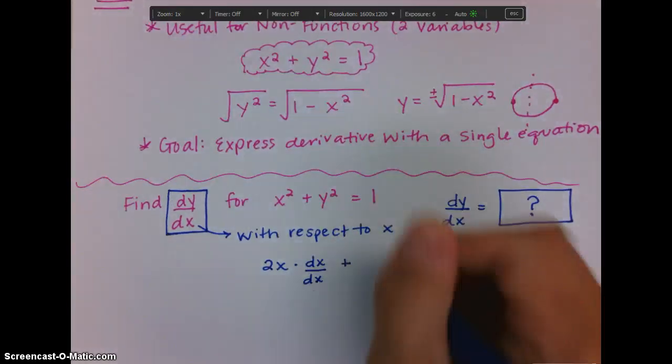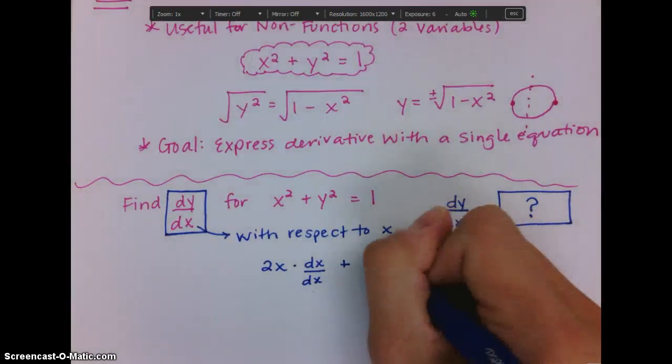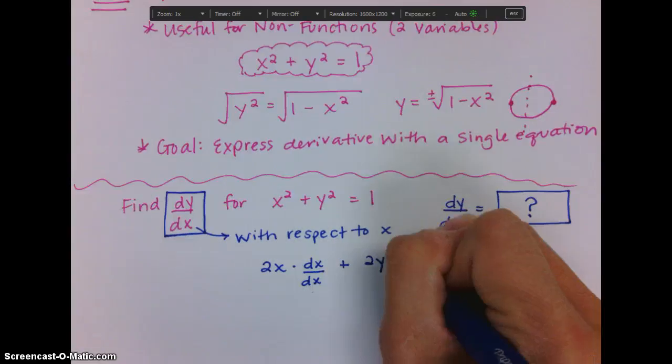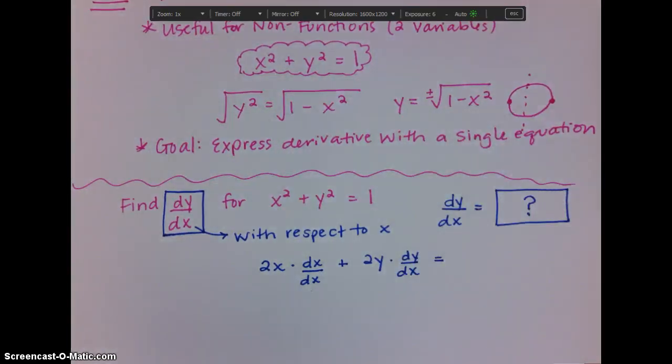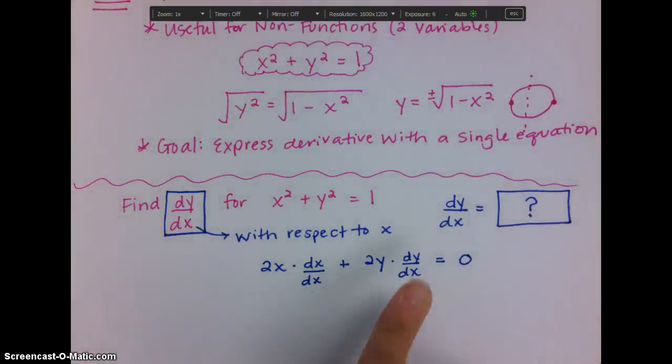And then I'm going to take the derivative of the second term, which will be a 2y. Here I'm going to show that I'm taking the derivative of the y variable with respect to x. And then lastly, on the other side, I need to take the derivative of that piece as well, and the derivative of 1 is 0. So that's the most important thing to remember with implicit differentiation, is that you can't forget to take the derivative of both sides or of every term regardless of what side it's on.